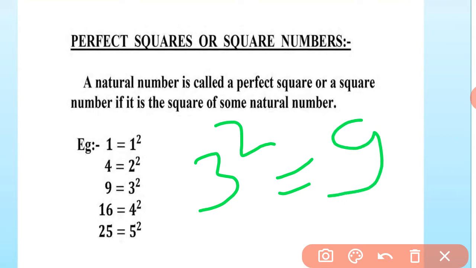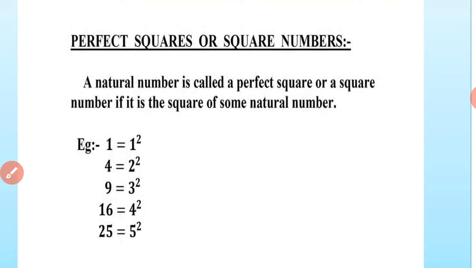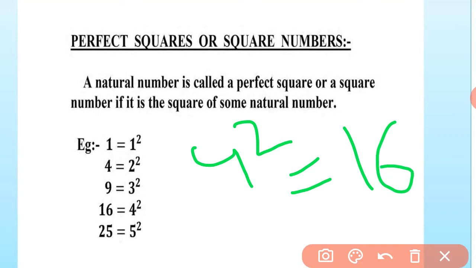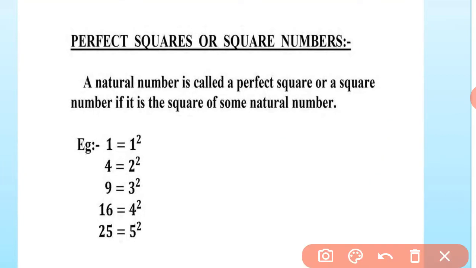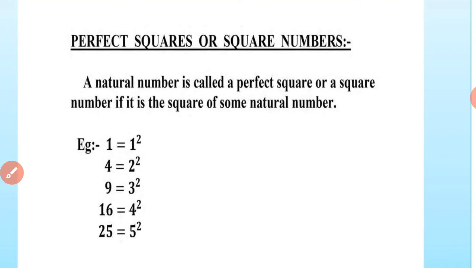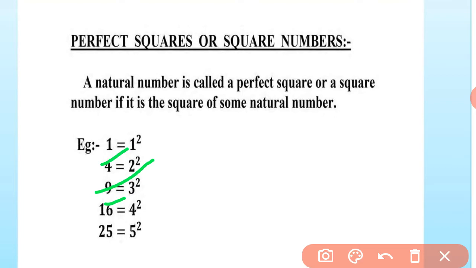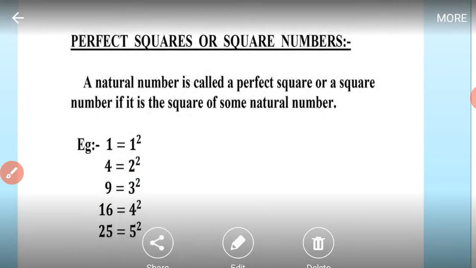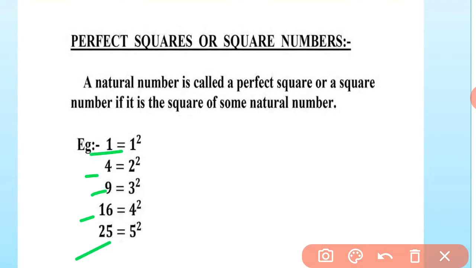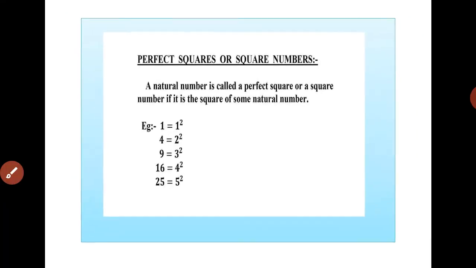Similarly 16 will be written as 4 power 2, so we can say that 4 square is equal to 16, or 4 into 4 equal to 16. Similarly 5 into 5 or 5 square will be equal to 25. So these numbers are the perfect square numbers: 1, 4, 9, 16 and 25, all these are perfect square numbers.